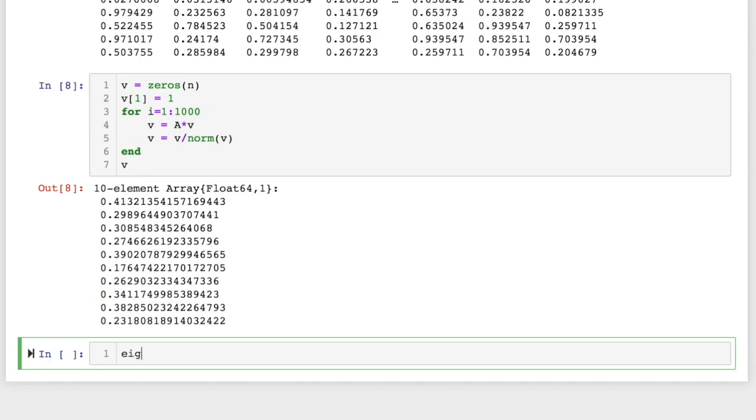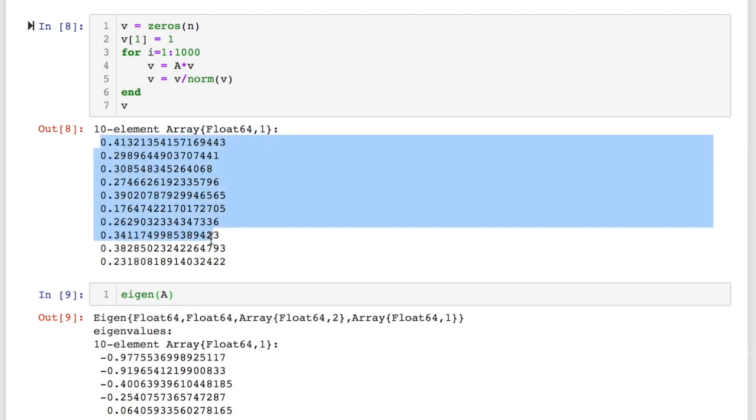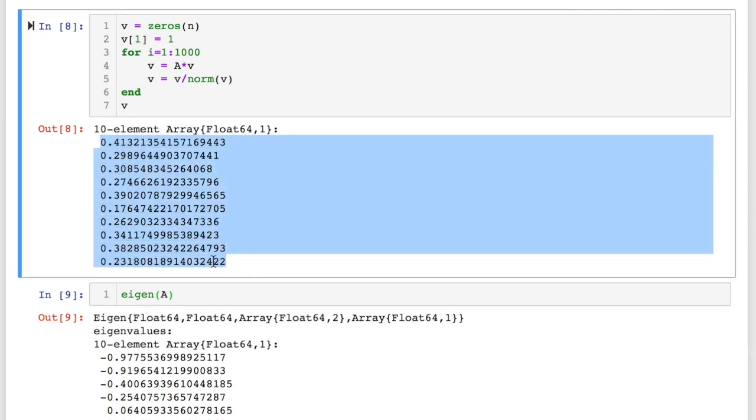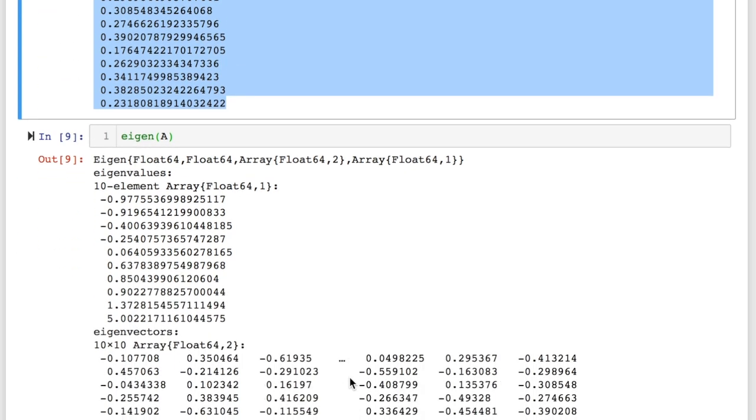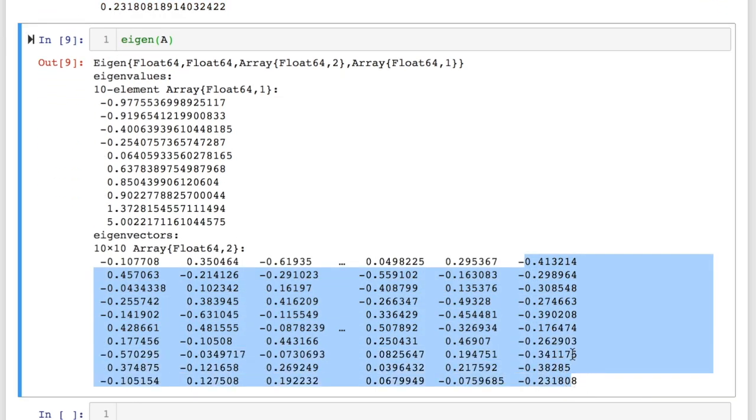We can compare the result to a direct calculation of the eigenvectors using the built-in eigen function. We can see that the entries we got from our result are, up to sign and some small numerical error, the same as the eigenvector in the last column found by the system.